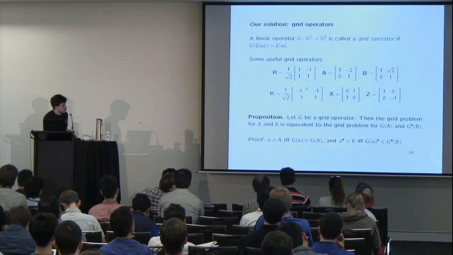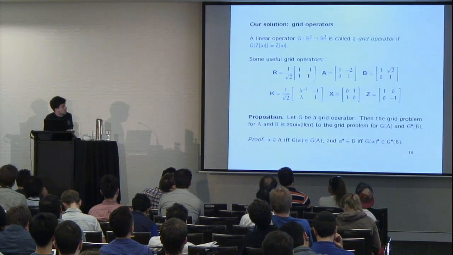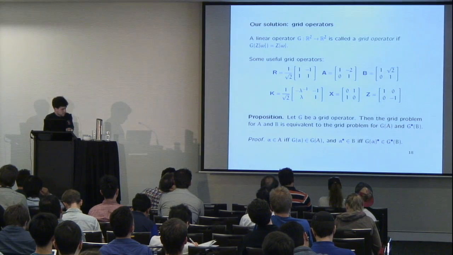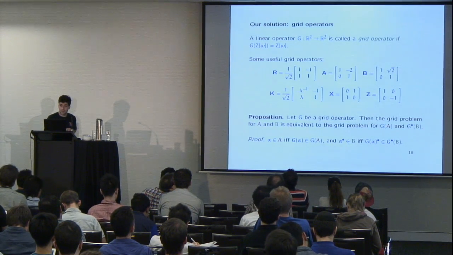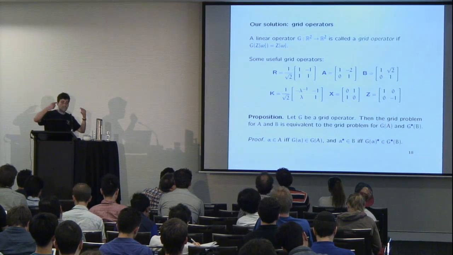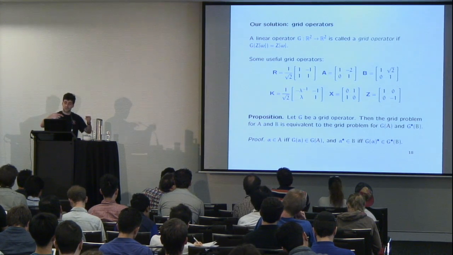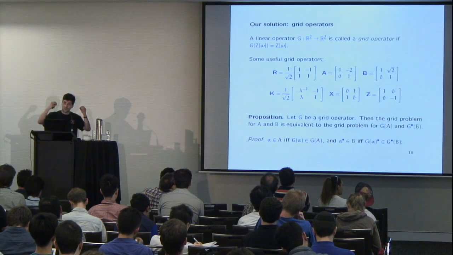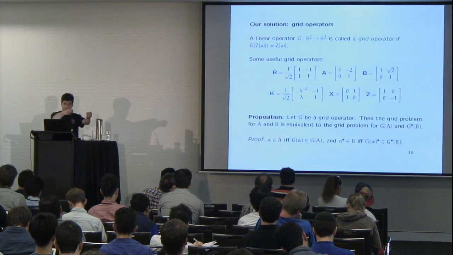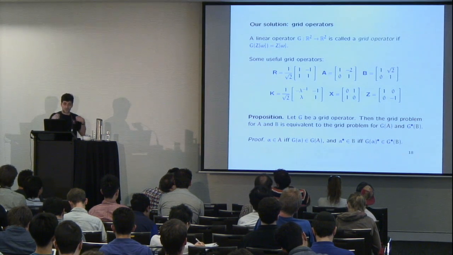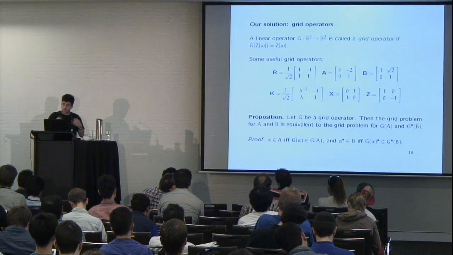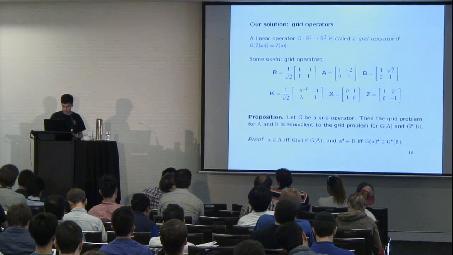The linear transformations we're interested in are those that preserve Z omega. The idea is that if these operators map Z omega to itself, then they're going to map solutions of one problem to solutions of another problem. And if, moreover, these operators are invertible, then we'll be able to retrieve solutions for the problem we're interested in.